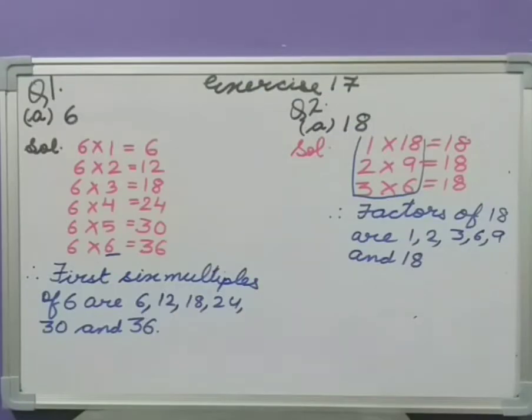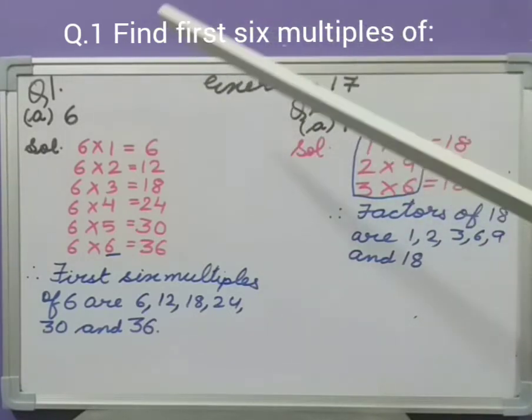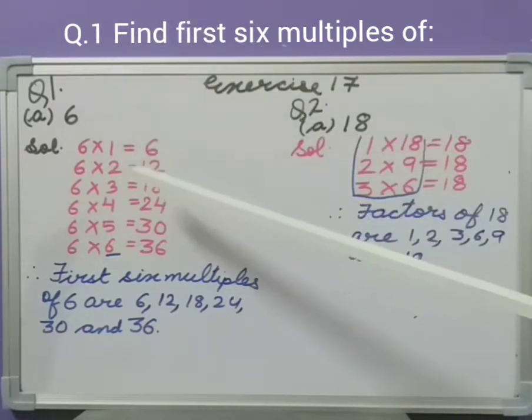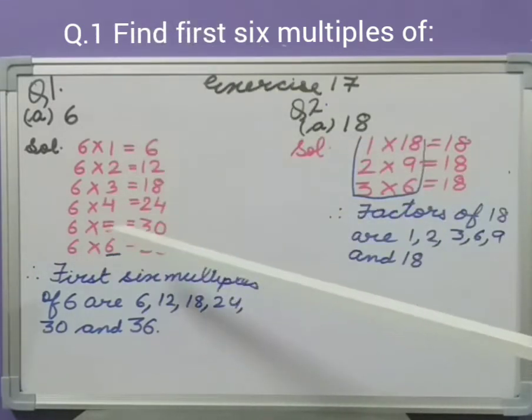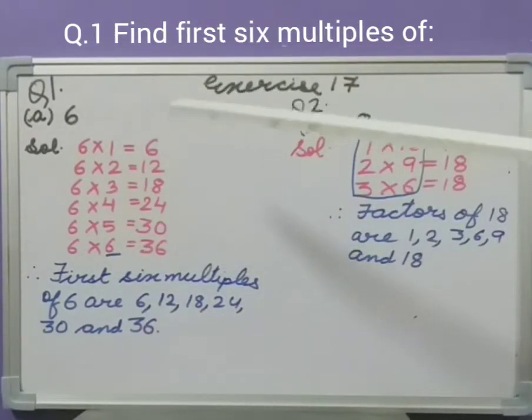Exercise 17, question number 1. Find first 6 multiples of A, 6. Now, as we know that multiples are the products. So, first 6 products of 6. So, we have to find out by first, 1, 2, 3, 4, 5, 6. Now, as we know that multiples can be of any number.